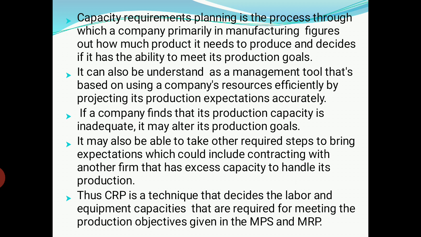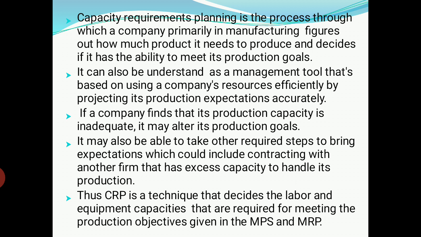Now, if a company finds that its production capacity is inadequate, naturally when you compare the units you are supposed to produce against the capacity you have, you can immediately match that. If 200 units are to be produced at the end of the month, whether we have all the resources for producing 200 units or not.